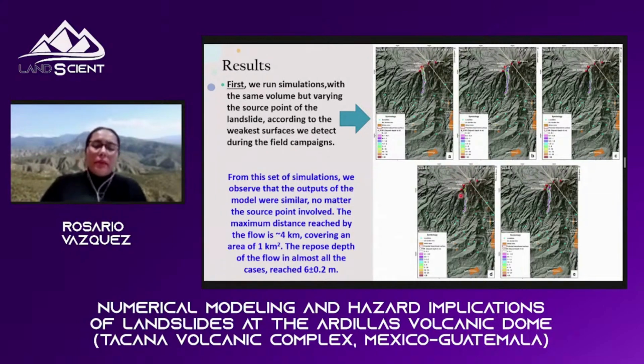The maximum distance reached by the landslide was about 4 kilometers, covering an area of 1 square kilometer, and reaching a depth within the Maxam ravine of 6 plus or minus 0.2 meters in all the cases. So the source point was not so sensitive, as we can see from this result.